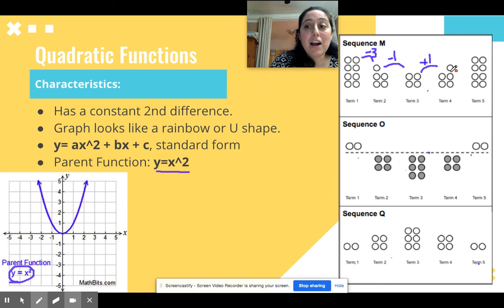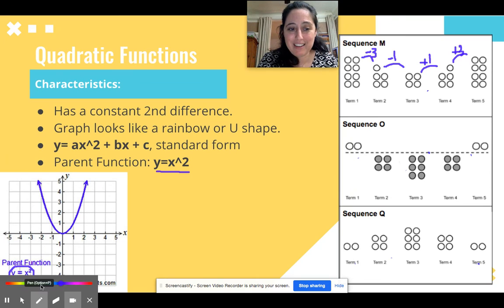And to go from 5 circles to 8, I need to add 3 circles. Okay, so am I adding or subtracting the same amount? No, so I know it's not linear, right? But how do I know it's quadratic? And here is how we know.